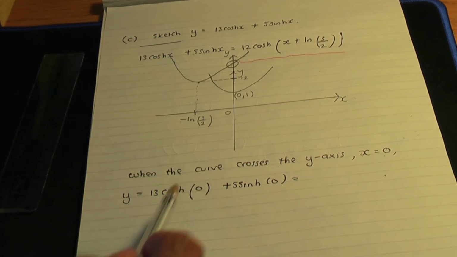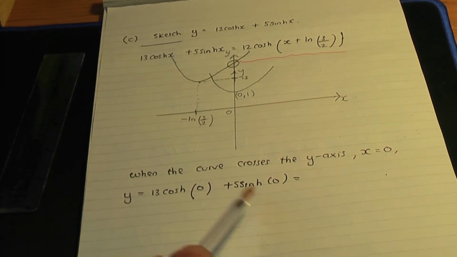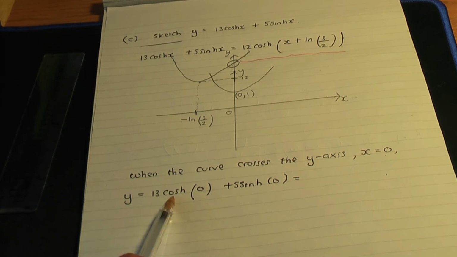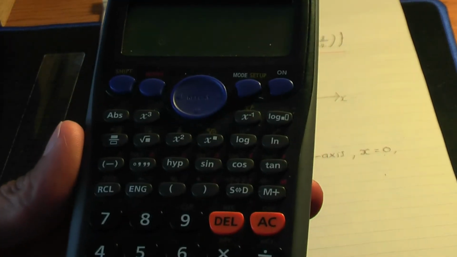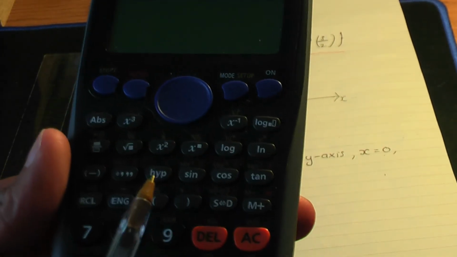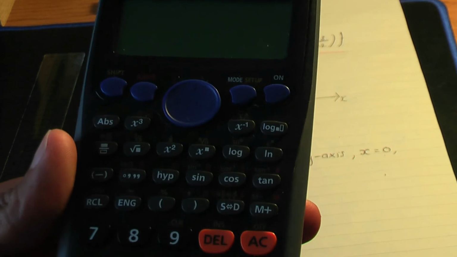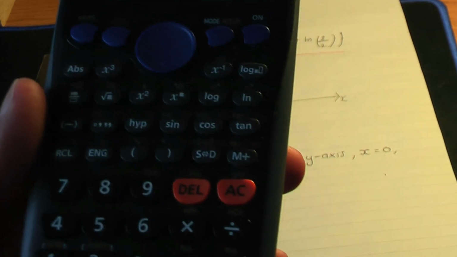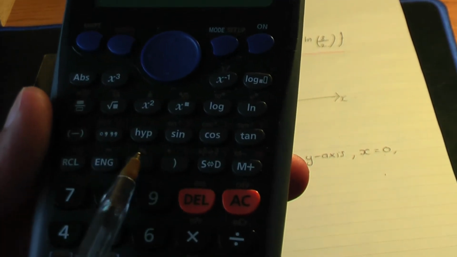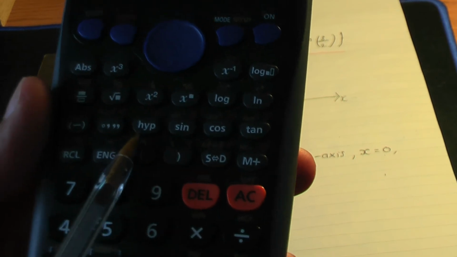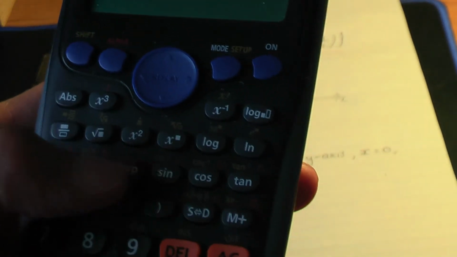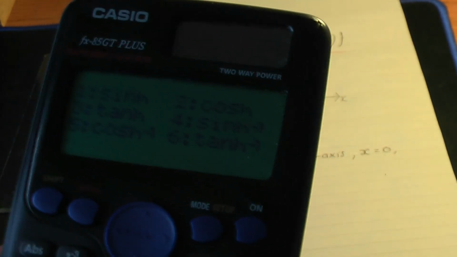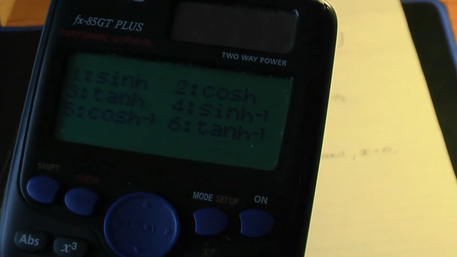You can calculate that value using the definitions of hyperbolic cos or hyperbolic sine, but you can also do this quickly with the aid of your calculator. Remember, there's a HYP button on the Casio models, which when you press it gives you a library of hyperbolic functions.